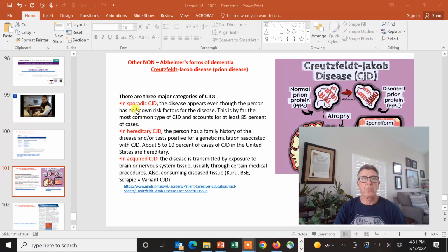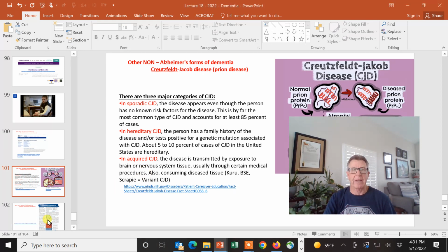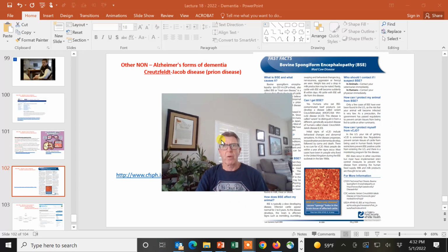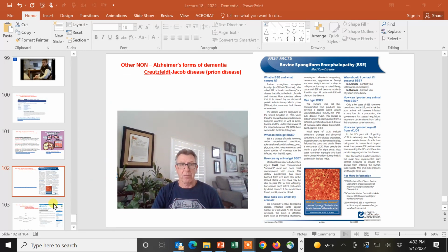And there's the sporadic form, that we all can have. There's hereditary, incredibly rare, where you produce too much of these proteinaceous particles. And then there is the acquired, which is mad cow disease, which was all the rage way back when. So that's bovine spongiform encephalopathy.